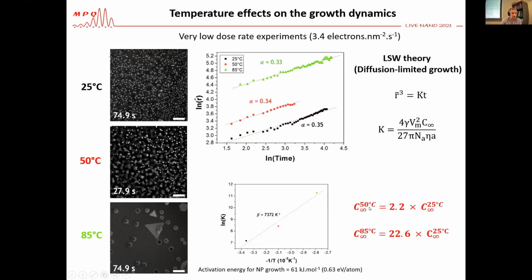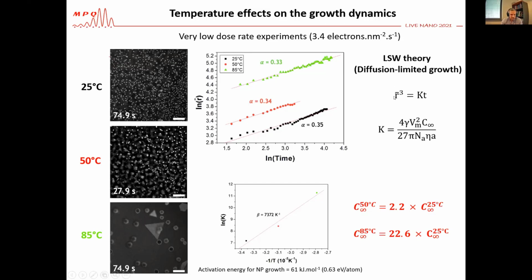So to do that, we have observed the growth dynamics of the nanoparticles. Here you observe the logarithmic relationship between the mean radius of all the nanoparticles as a function of time, and you see that the nanoparticles at these different temperatures follow in fact the same growth trajectory, where we have a linear relationship between the time and the cube of the mean radius.